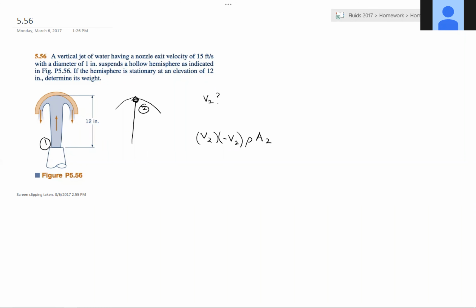All right. So it enters like this, and then it exits the same way. So what is our V3? We're going to call that V3, how it's exiting. What is that going to be? Negative or positive?